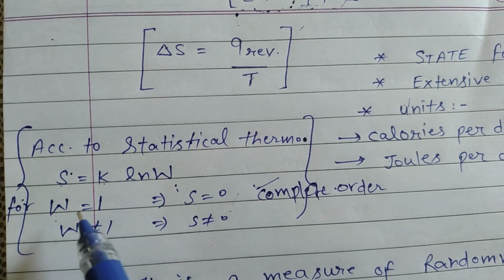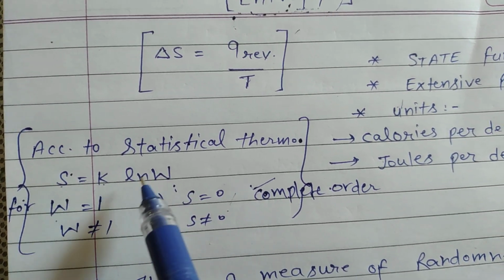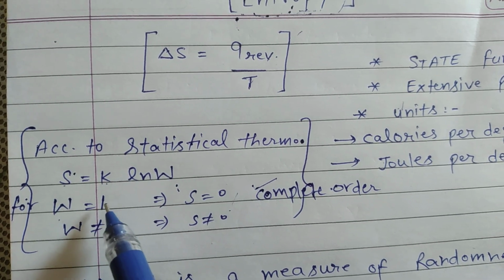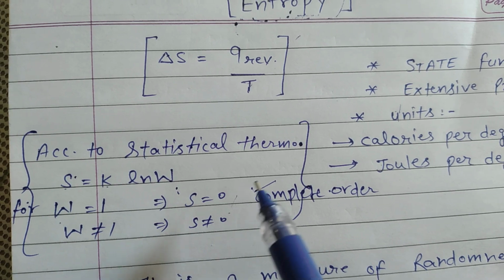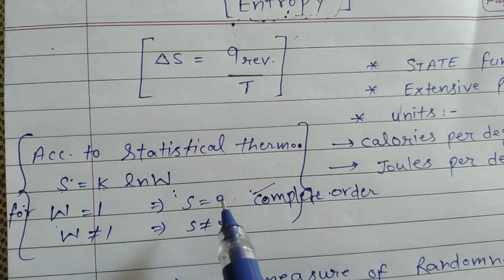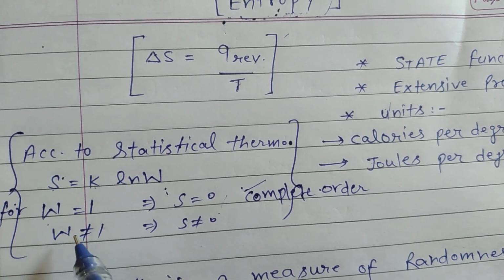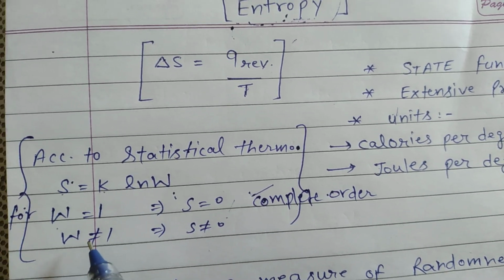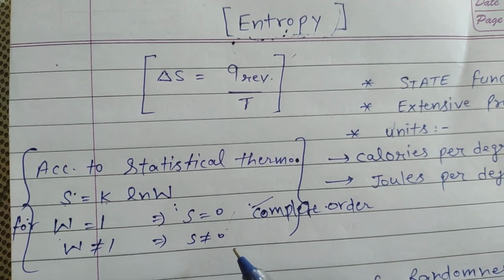For a completely ordered system, the value of W is equal to 1, and there is no entropy in that system. Means for a completely ordered system the value of entropy will be 0, and if there is some disorderness in any system, then the value of W is not equal to 1, and there will be some entropy in that system.